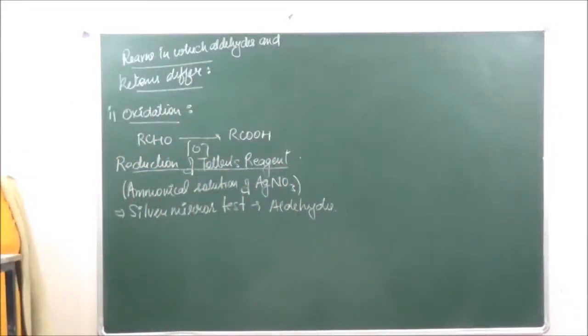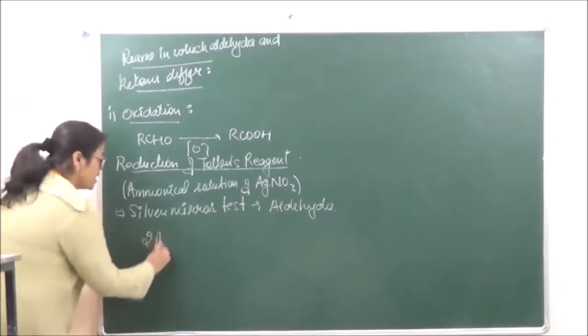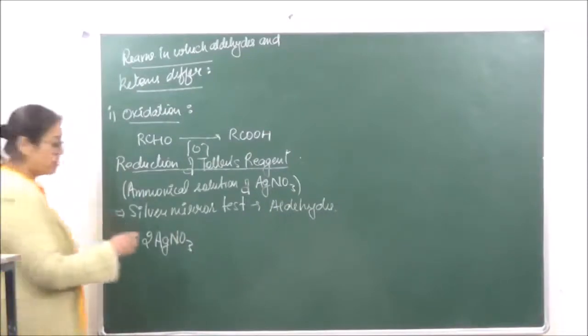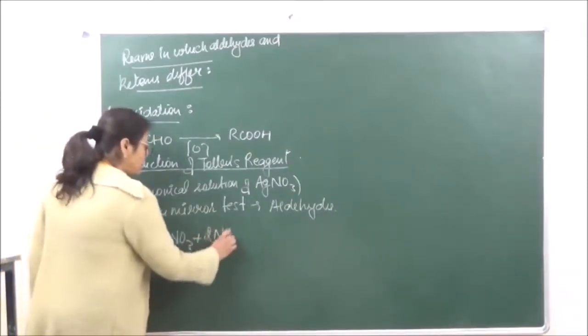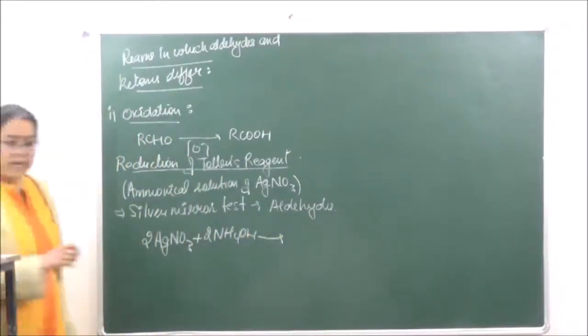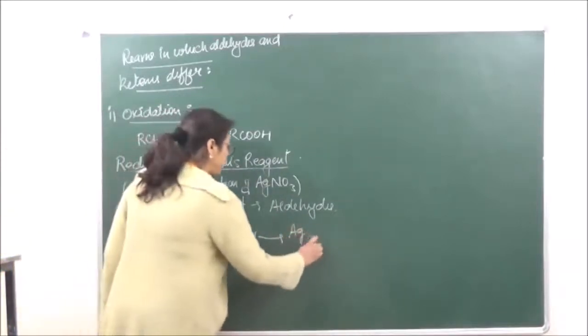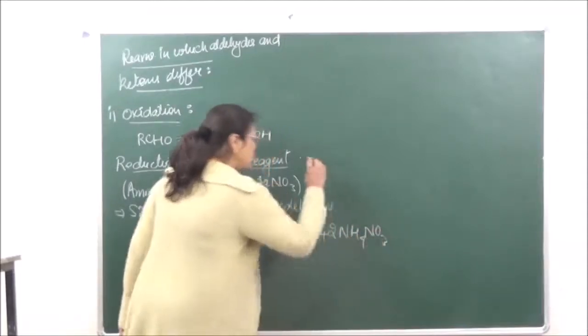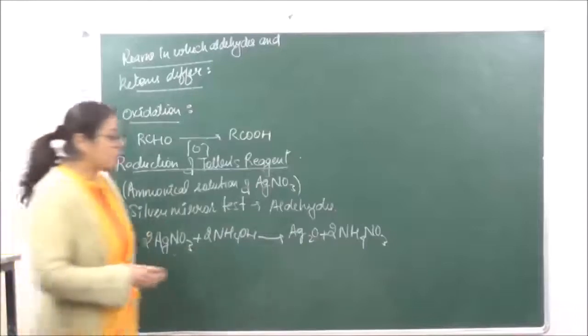So what is generally happening is that whenever we react an aldehyde with the Tollens reagent, which can be taken as silver oxide... Let's first see how the Tollens reagent is formed. We have 2AgNO3 plus 2NH4OH to give us Ag2O, NH4NO3 and water.